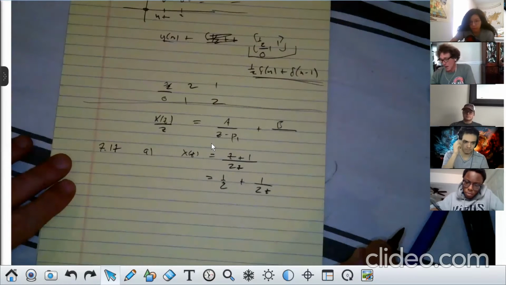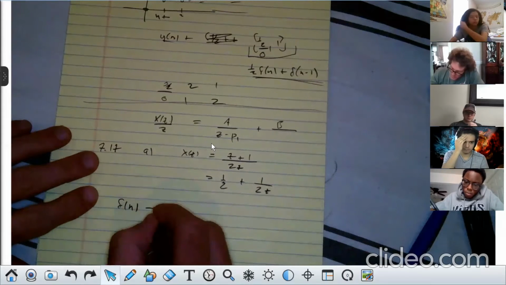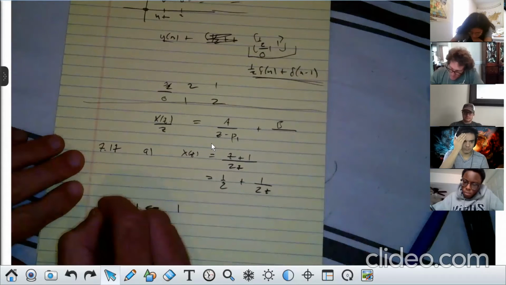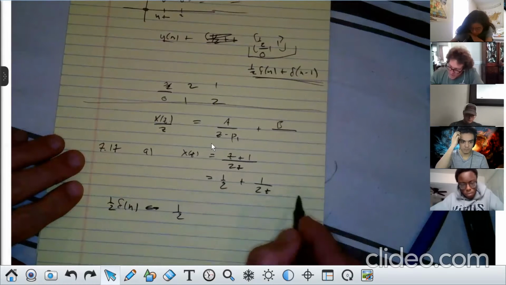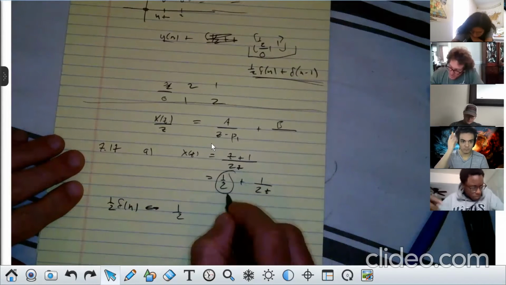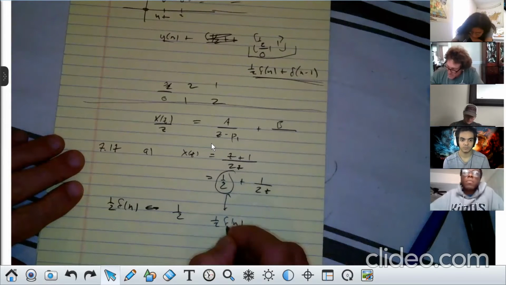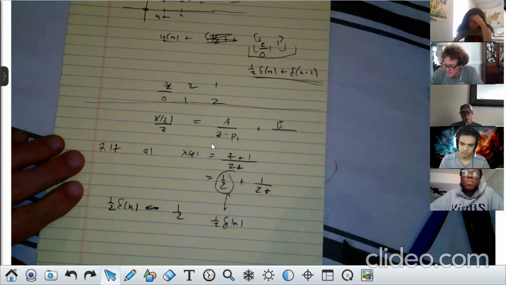Now, what does delta of n go to in the z domain? 1, correct? If it had 1/2 out in front of it, what would it go to? 1/2. So in the z domain this would transform as 1/2 delta of n into the n domain. You all follow me on this? This is so simple, we don't need any kind of formal pole expansion.